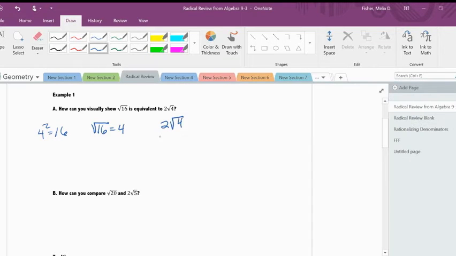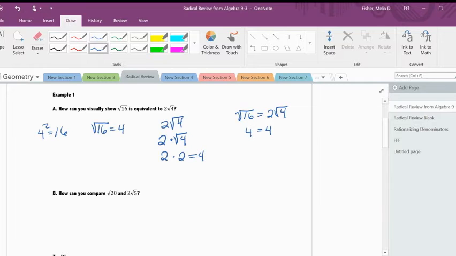This is actually the same thing as saying 2 times the square root of 4. And since 2 times 2 is 4, then the square root of 4 is 2. So this is really 2 times 2, which equals 4. That means that the square root of 16 actually equals 2 times the square root of 4. So they are actually equivalent. When solved, we get 4 equals 4.